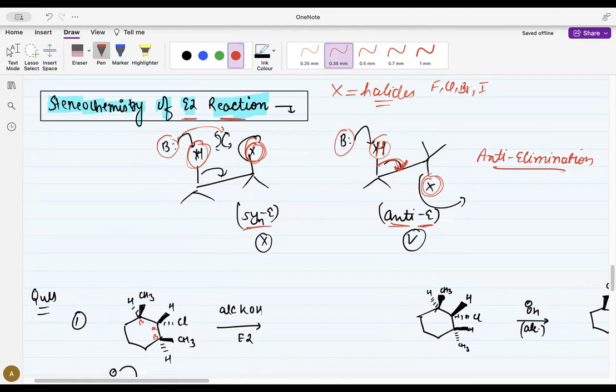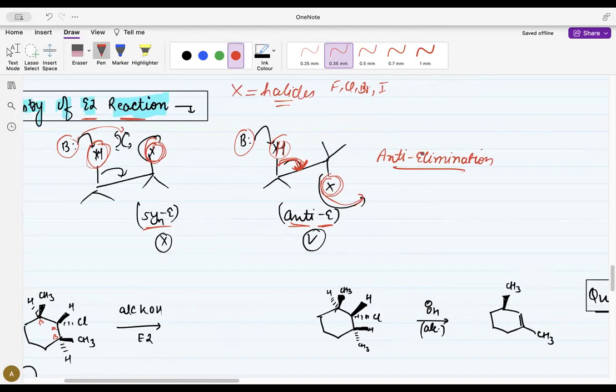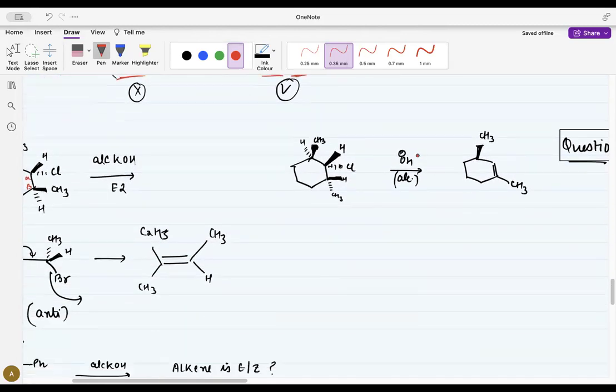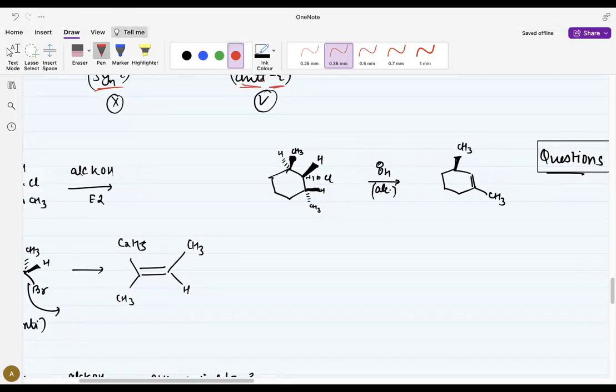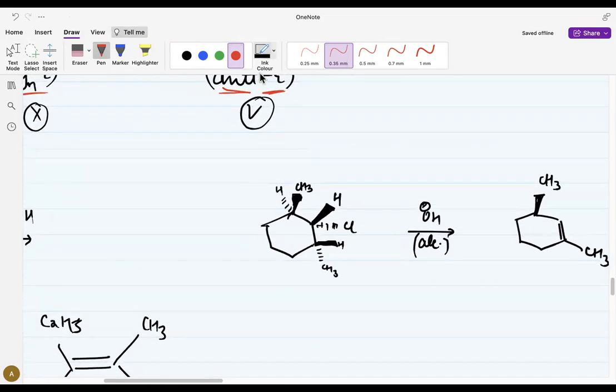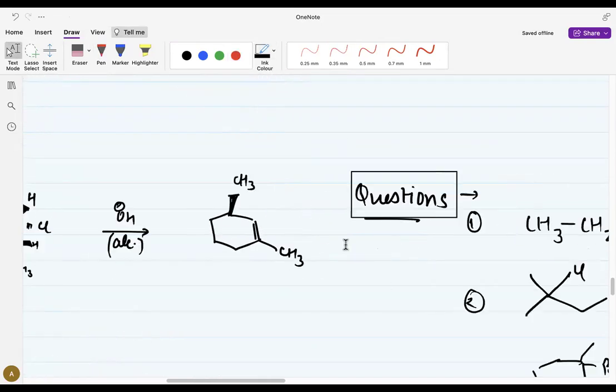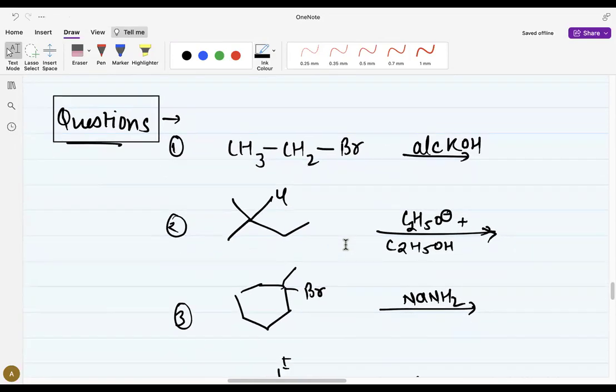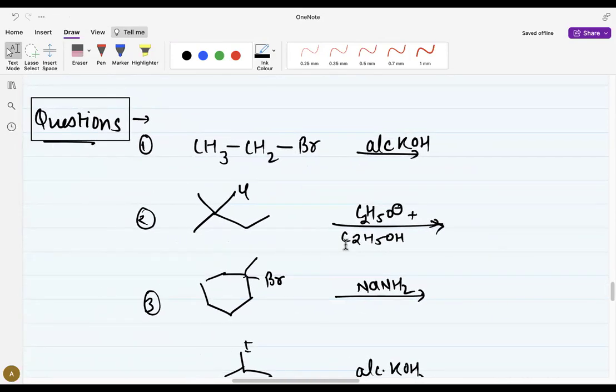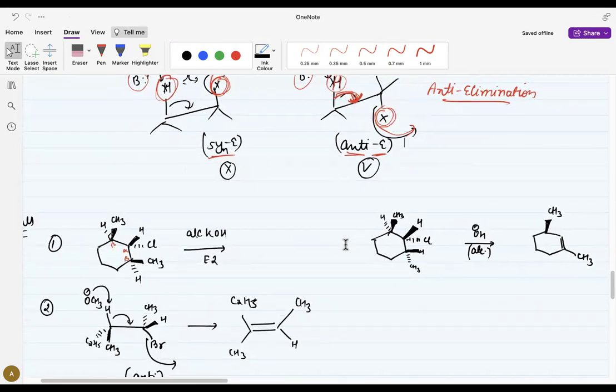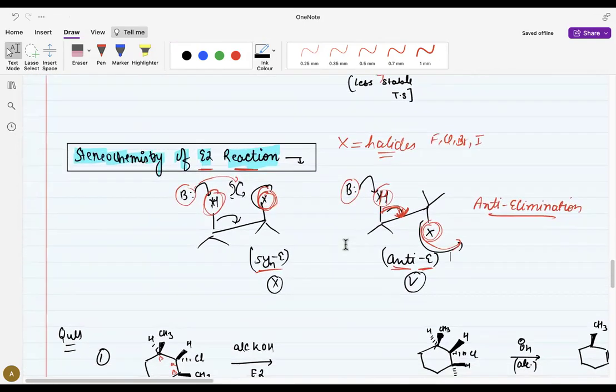Base will come and take the hydrogen, will make double bond, will remove the leaving group, धक्का मार के निकाल दिया उसको, डबल बॉन्ड बना। देखें, let's say one question we will do today. Write the stereochemistry, then I will give you questions, then we will do questions.